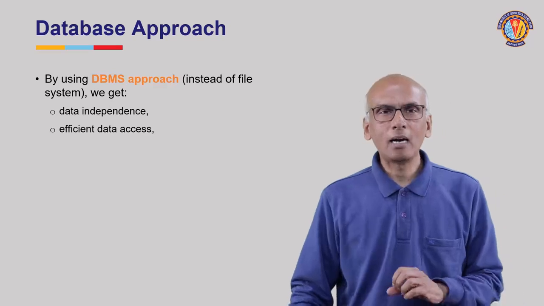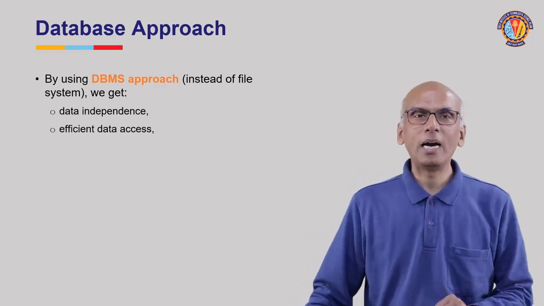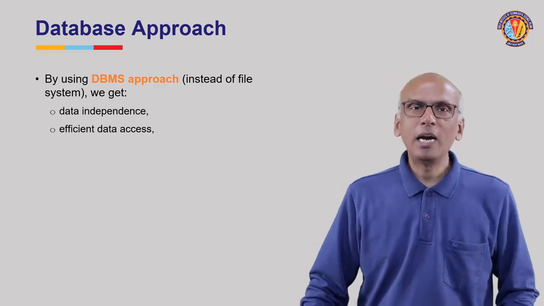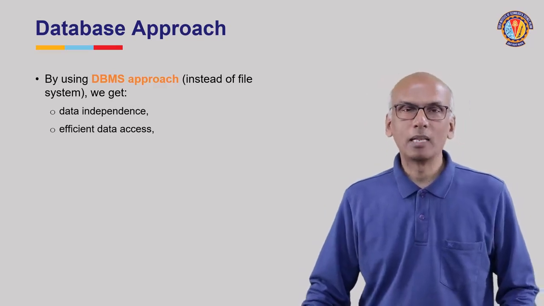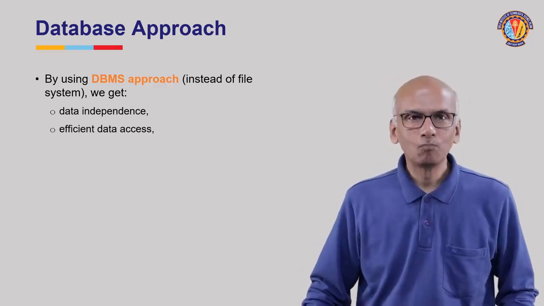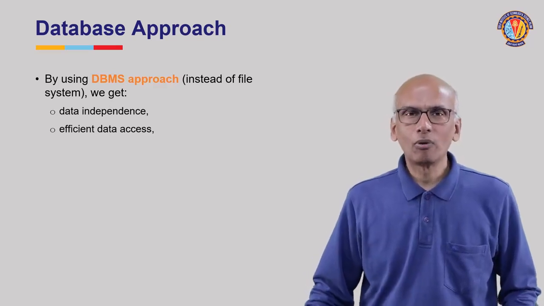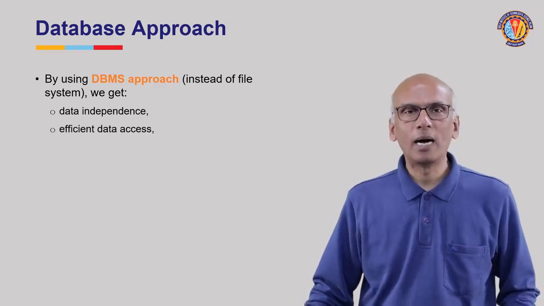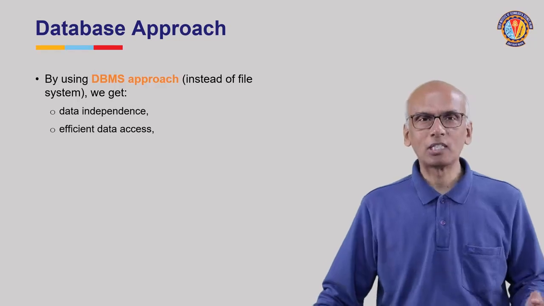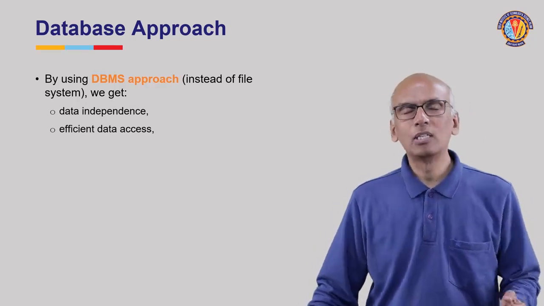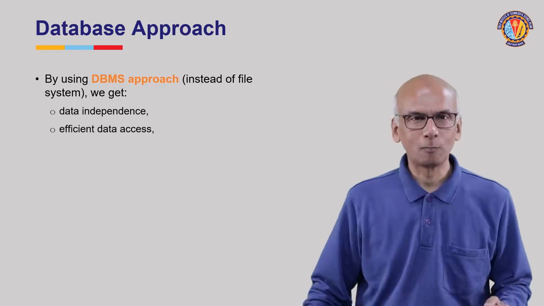The data structure itself is maintained by the DBMS software. And if the data file, or the data table, becomes very big and the access becomes slow, the DBMS software has methods whereby it can create additional structures for faster access. These are referred to as indexing structures.